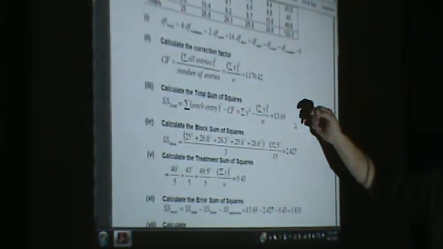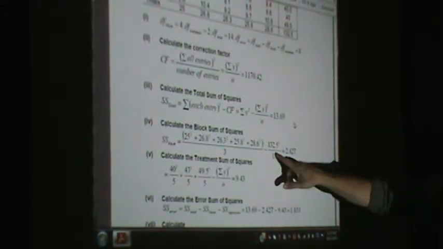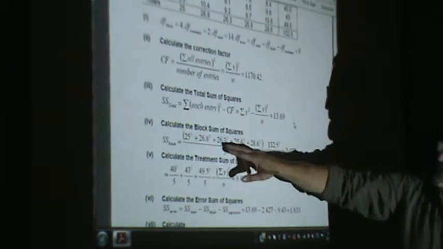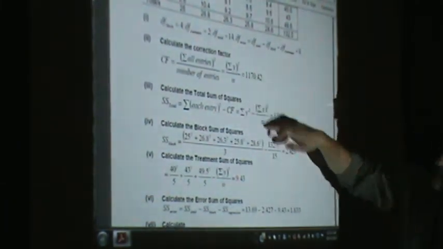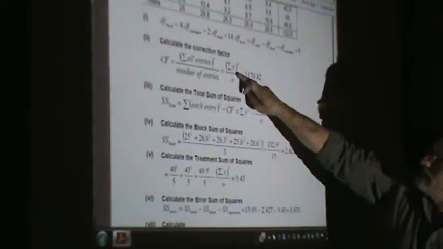In fact, they show each of the steps for calculating the block, minus the correction factor here, right? So mathematically, this is not that challenging. It's just making sure you keep your things straight. And so what do I do when I program this in Excel?